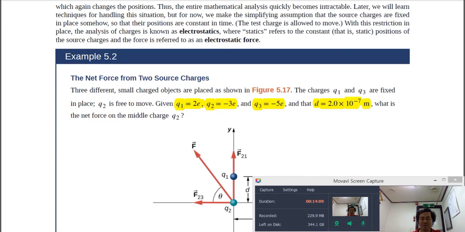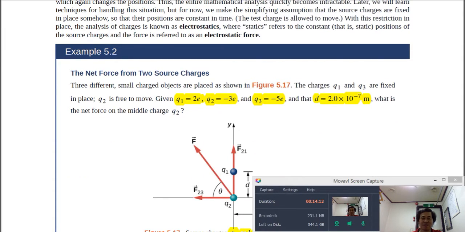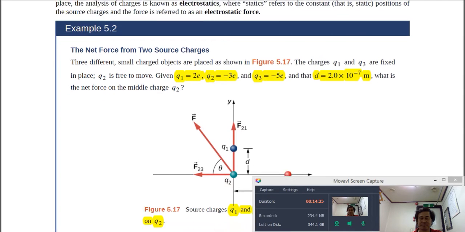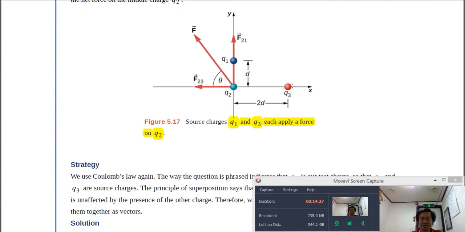So let me look at one specific example. Example 5.2. The net force from the source of charge. Suppose we have a charge Q2 at the origin of this rectangular coordinate system, and Q1 is on the y-axis, whereas Q3 is on the x-axis.